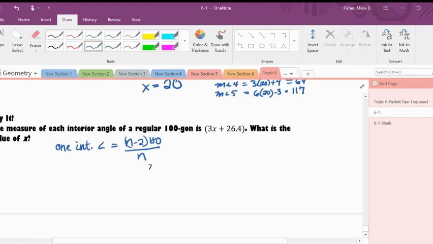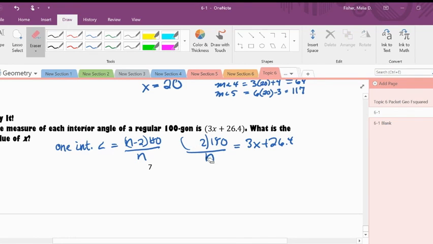So that means that we have n minus 2 times 180 over n equaling 3x plus the 26.4.